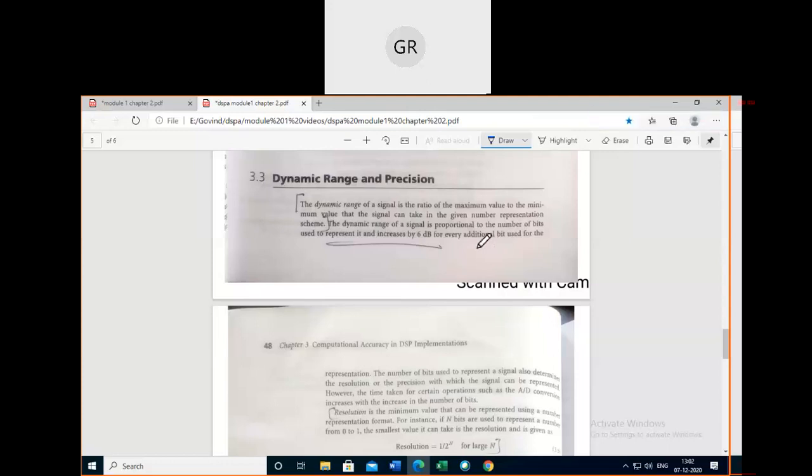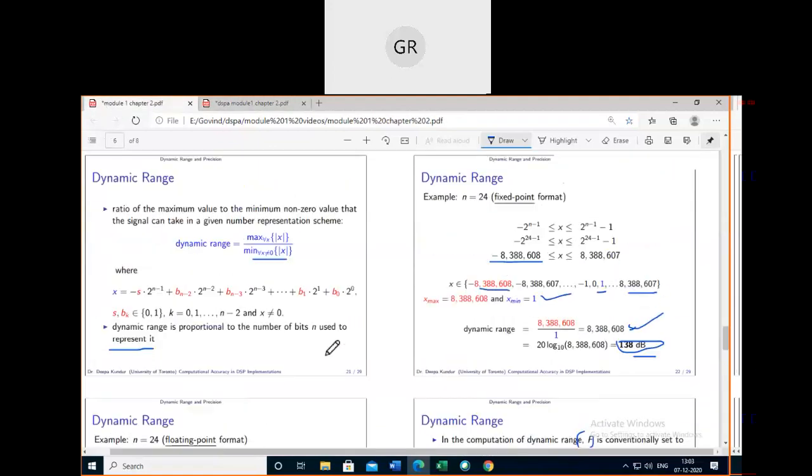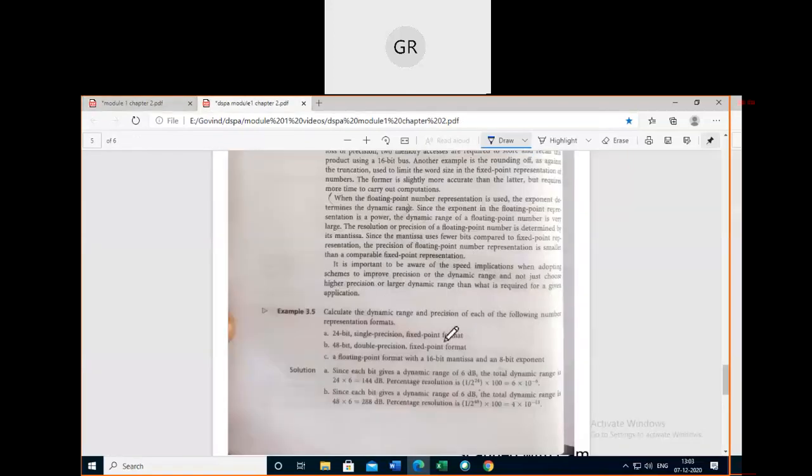What is the number of bits used to represent it? That value is multiplied with 6 dB. Directly we get the dynamic range. Instead of using the equation, you can practice this also. Otherwise, directly, how many bits here? 24 bits. 24 bits multiplied with 6 dB, then we get the dynamic range 144 dB.